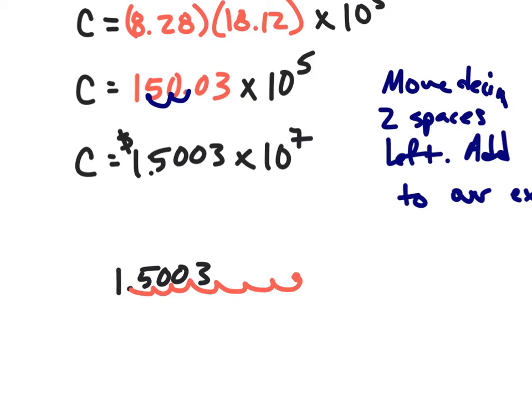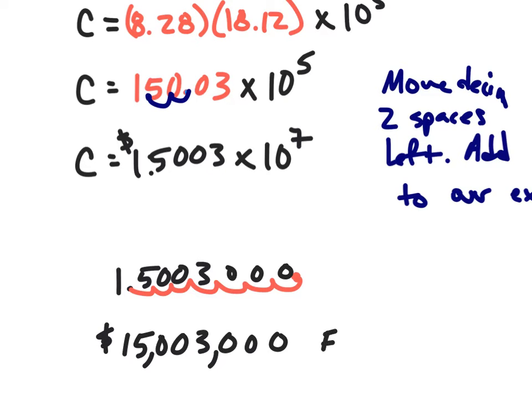Okay. Let me just double check that. So it's 1, 2, 3, 4, 5, 6, 7. I'm going to put in 3 zeros here. All right, and that's going to give me my value. So I've got 15,003,000. All right, so we paid $15 million for the Louisiana Purchase.